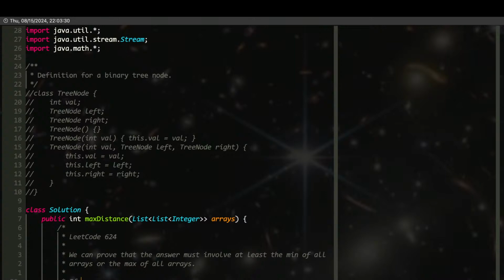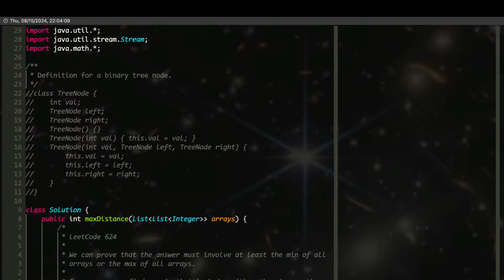Now, if the min and max of all arrays do not belong to the same array. Actually, this is not what I want to say. Suppose we can find a pair that includes neither the min nor the max, and yields the max distance.